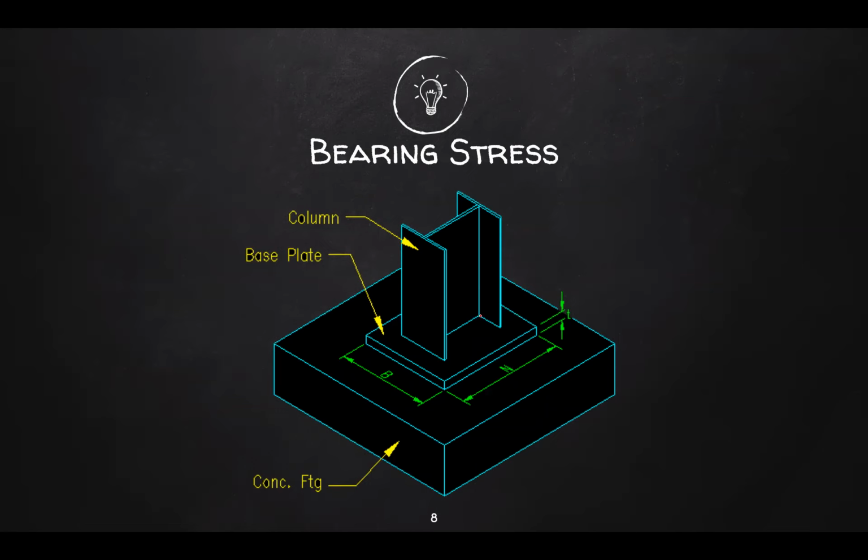The force will now be concentrated on the cross-sectional area, the area in contact between your column and your concrete footing, and that's a very thin area. What could happen is this steel column could punch through the concrete footing, creating failure.